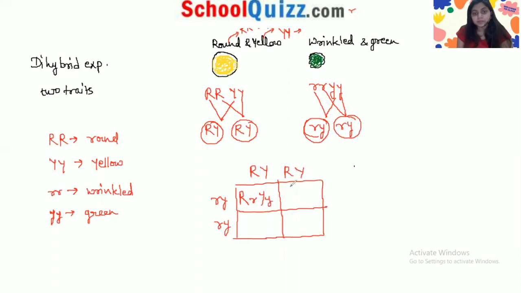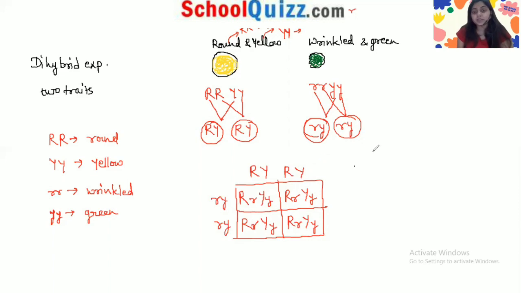The same goes here and in every box: capital R, small r, capital Y, small y.